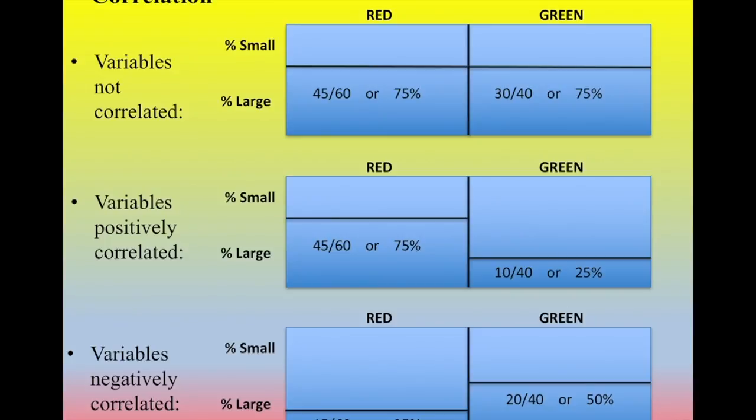Now, in all these cases, we are thinking about correlation in a relative fashion. In the second jar, red and large go together more than green and large, and thus we get positive correlation. In the third jar, large and red go together less than green and large, and so we get a negative correlation.